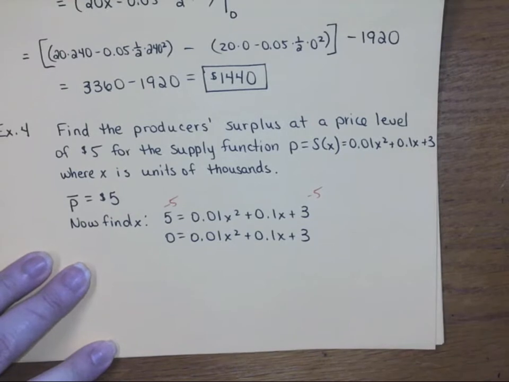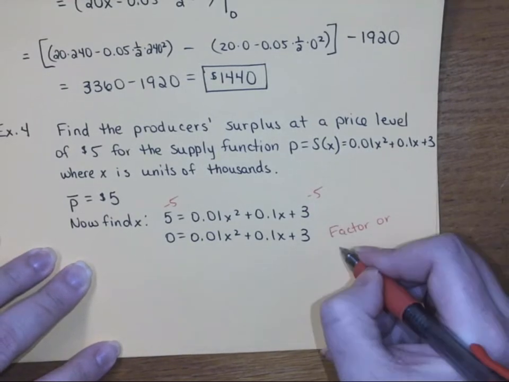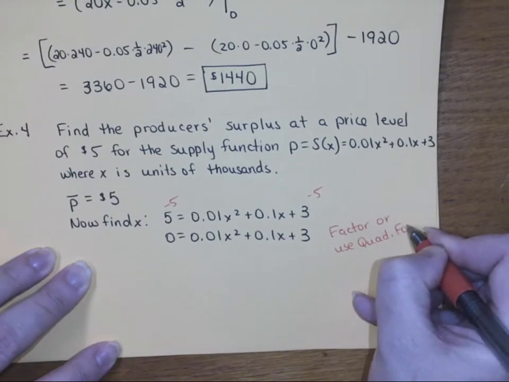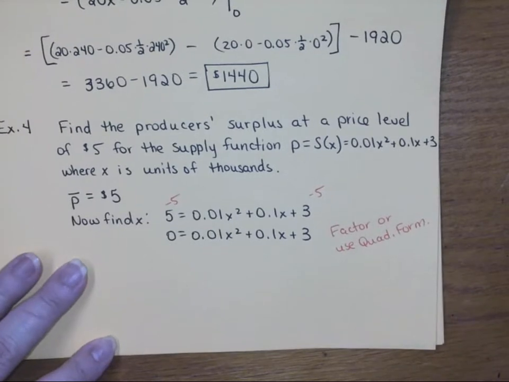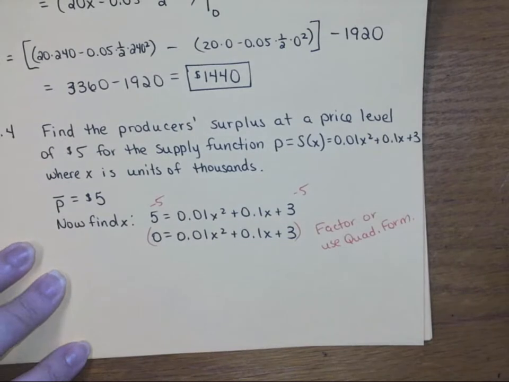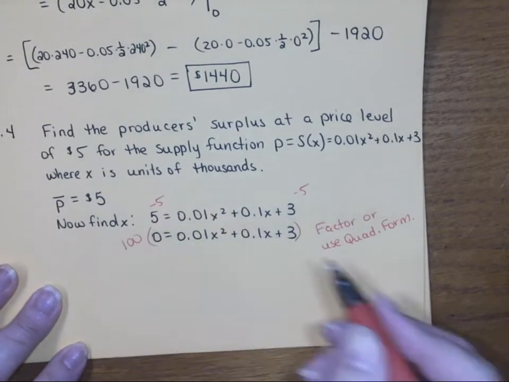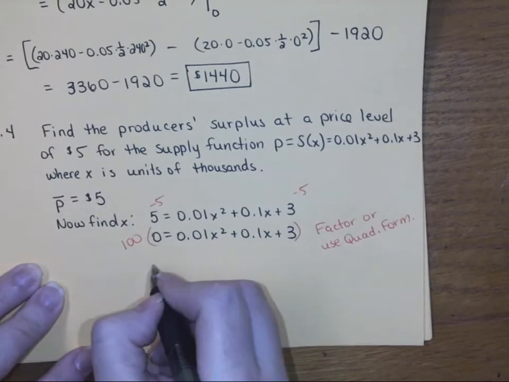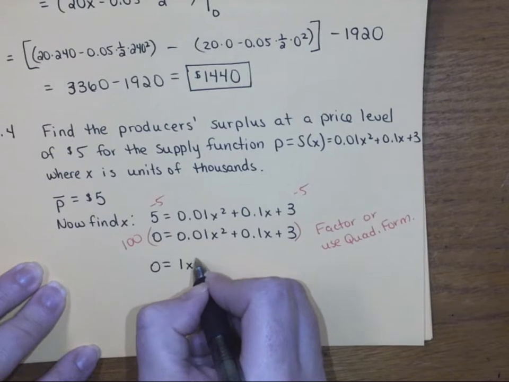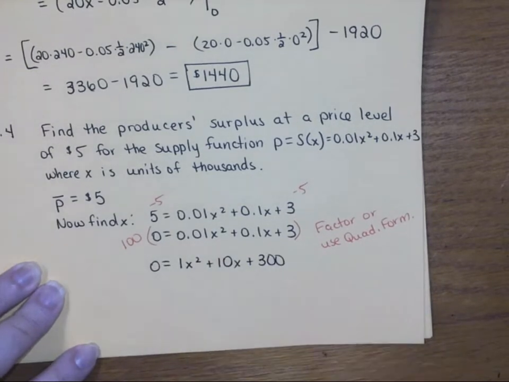You can either factor this, that's what you do with squared equations, or you can use the quadratic formula, whichever one you are most comfortable with. Factoring looks like a challenge here, but it's actually not if you just get rid of the decimal point. In other words, what could I multiply by that would get rid of the decimal for me? I could multiply by 100, and then let's talk about what happens. I'm still going to get 0 over here, right? And I'm going to get 1x squared plus 10x plus 300.